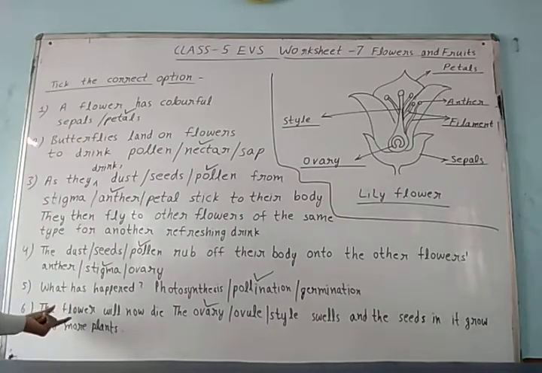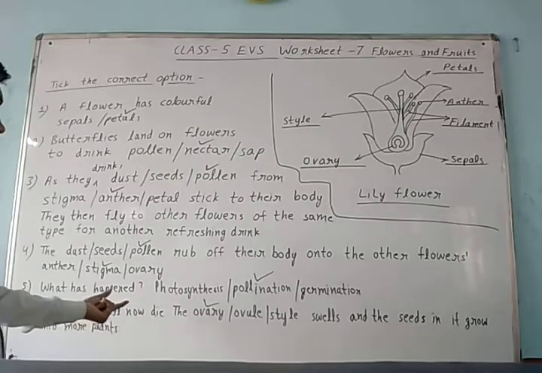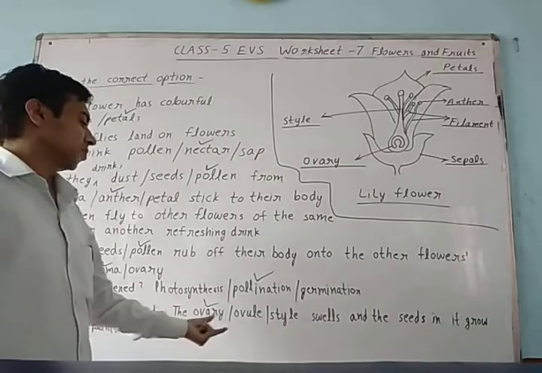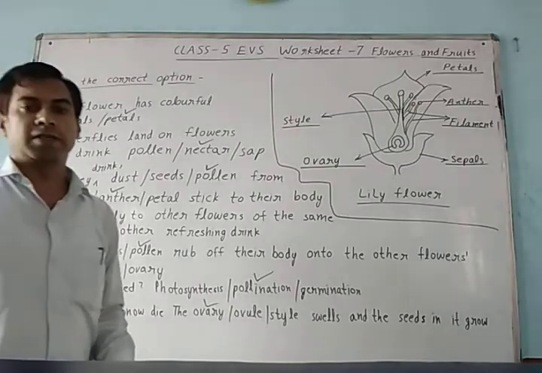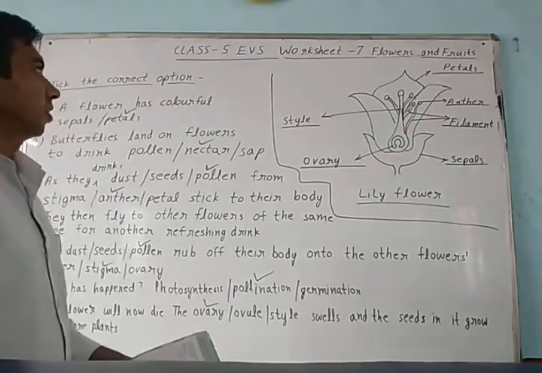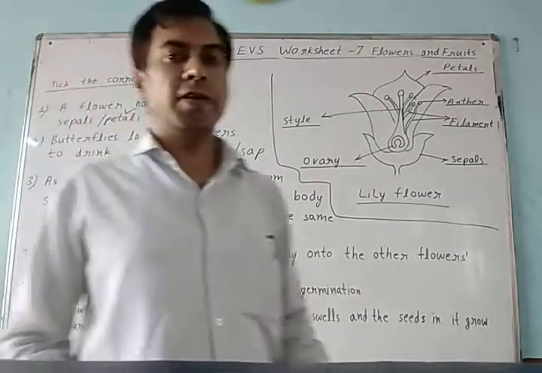Now the flower will die, and the ovary swells and the seeds in it grow into more plants. So students, worksheet 5 and 7 completed.